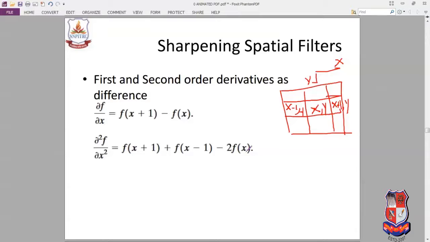Now again, we can also consider the difference as curly f by curly x equals f of x minus f of x plus 1. We can do that. So f of x plus 1 minus f of x is known as the forward difference. And if you are taking f of x minus f of x minus 1, it would be known as the backward difference. So we can take any of them. It's not an issue.